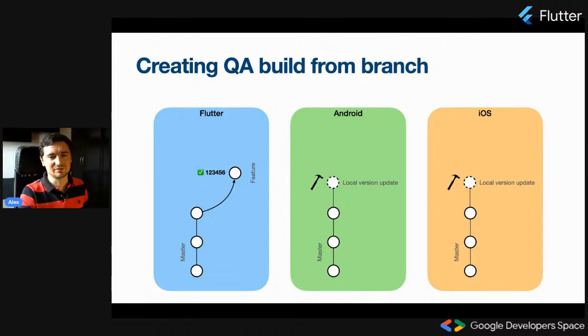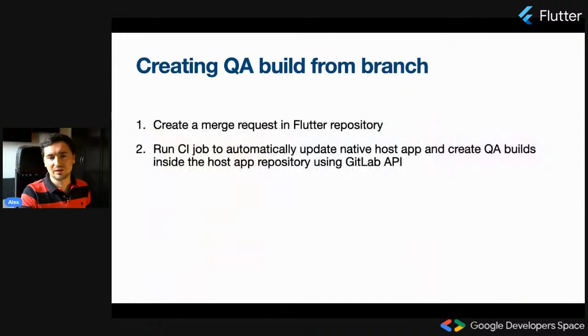And it also helps us to reduce the history on the host application Git repository. Yeah, and again, this process is automated. The only thing you need to do is click a button in our CI, and this will run and create a QA build. Yeah, so this is again the overview of how it looks now.